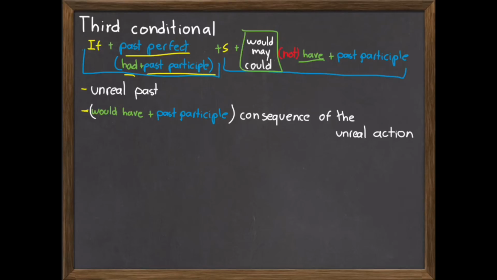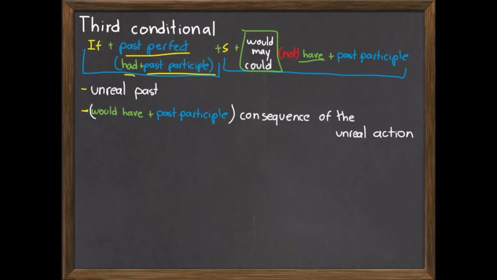Now, we could also use the would have and then the past participle again to show that what we're saying is a consequence of the unreal action or the unreal situation that we mentioned in the if clause.